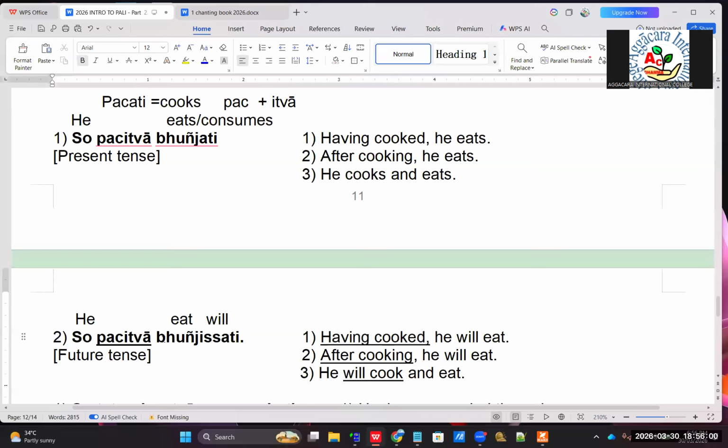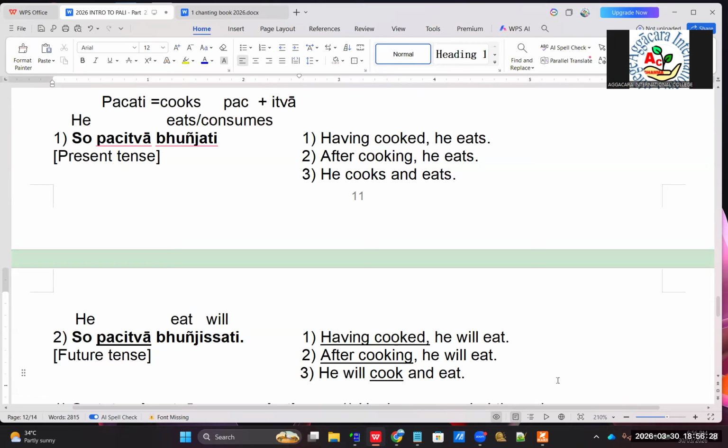So pachitua, he, after having cooked, after cooking, he will cook. Sorry, this one, cook. Now, bunchisati means he will eat. So after cooking, he will eat, or he will cook and eat.